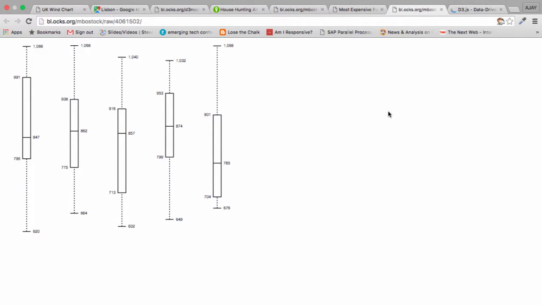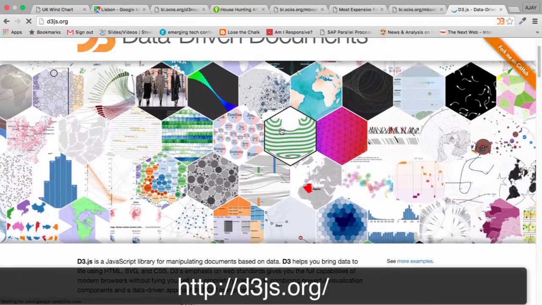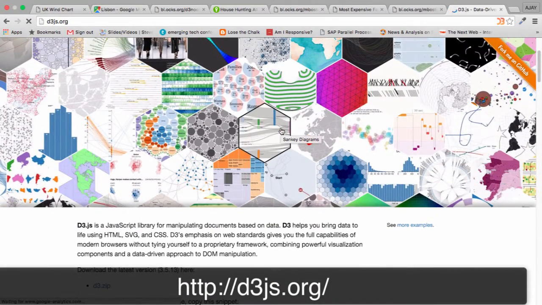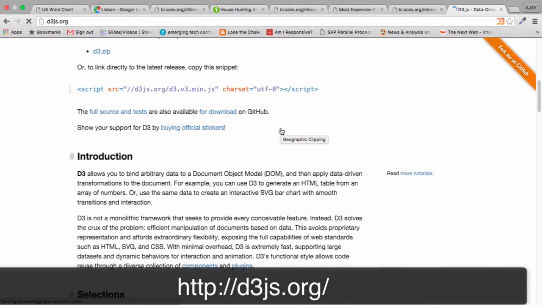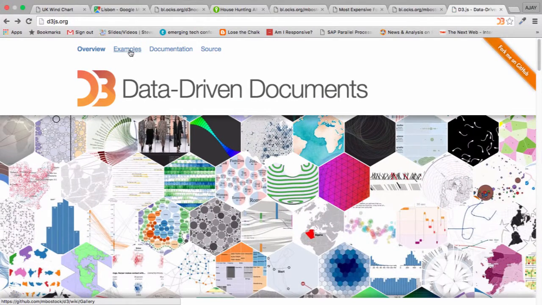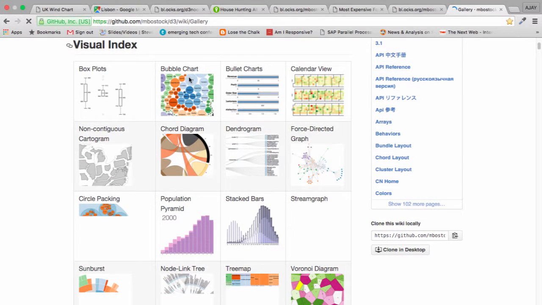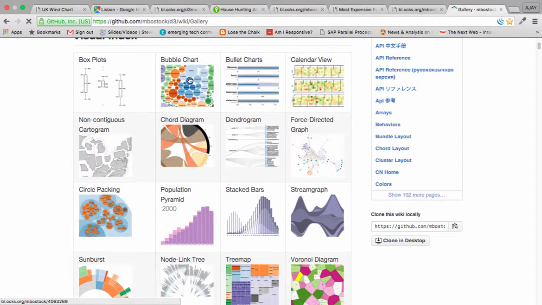There are actually a lot of other advanced visualizations. You can go to d3.js. This is somewhat becoming a standard, and you can see a lot of examples as well. If you go to the examples section in d3.js, you can see a lot of advanced chart types.